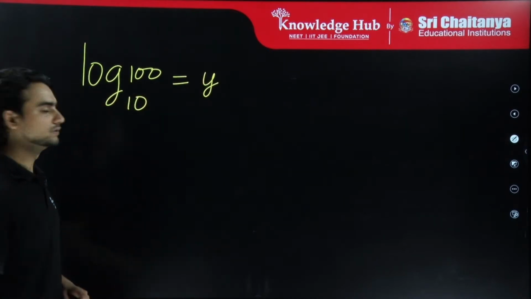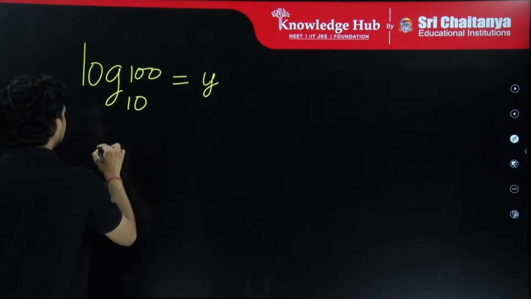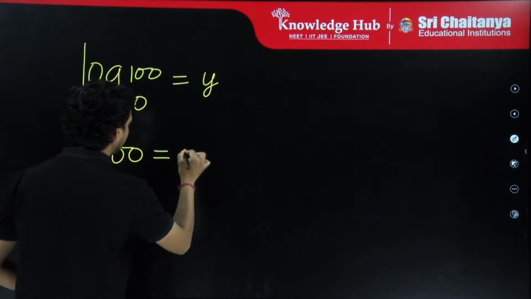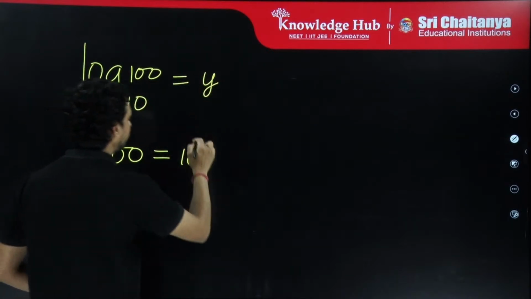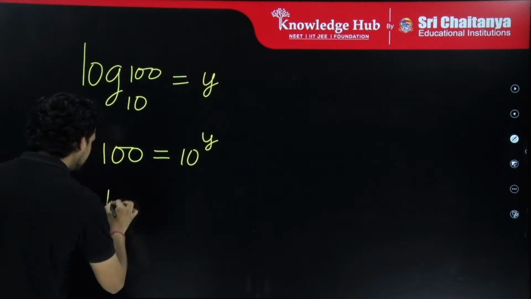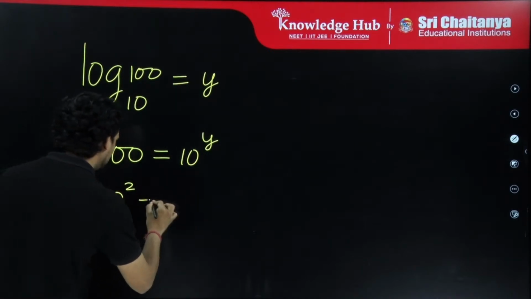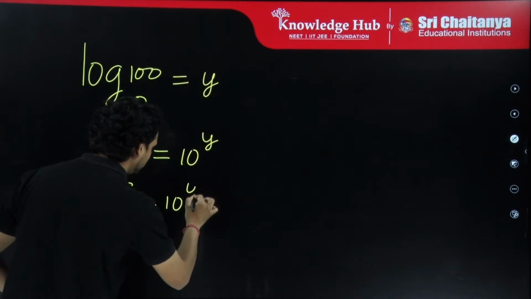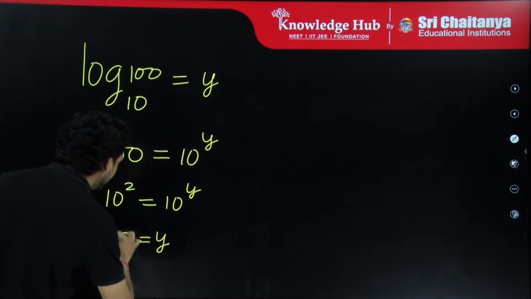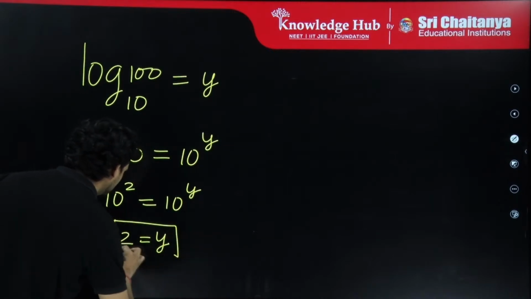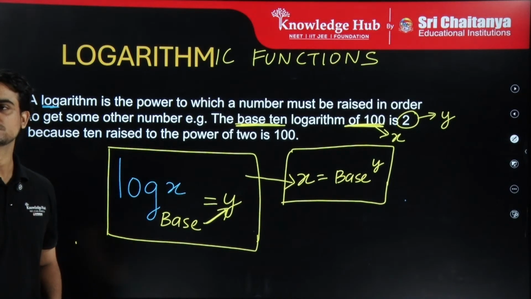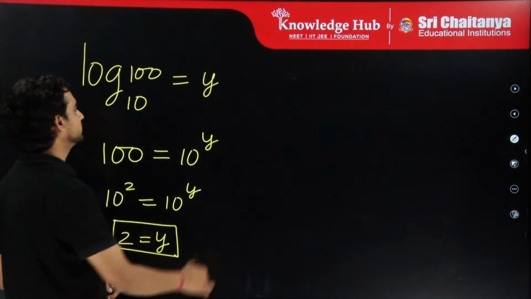So I can say 100 is equal to 10 raised to y. So I can write 10 squared is equal to 10 raised to y. If I compare the powers, I get 2 equals y. So y equals 2. This is how you get y equals 2. I hope this is clear.